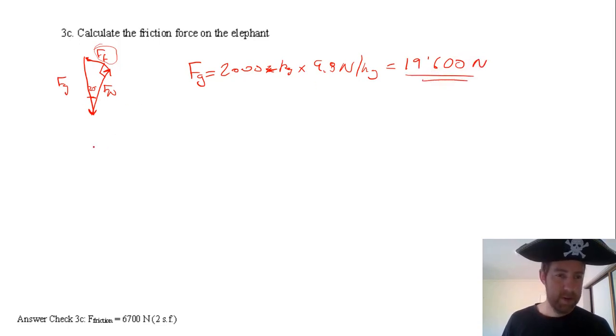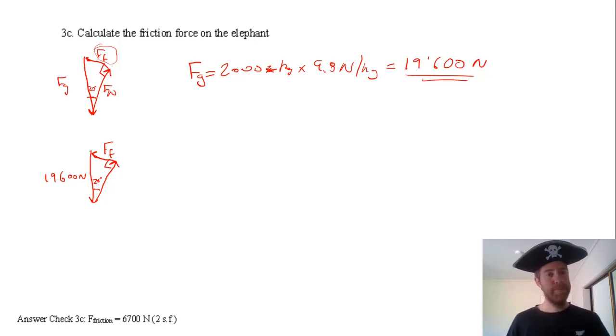So that's what that is. So I'm going to redraw my triangle with the things I care about, so it's just less cluttered. Here's my 90. I need to find friction. I now know that this side of my triangle is this big. I know this is 20 degrees. I'm not going to worry about the other side because I don't really care about it at the moment. That's meant to be a 0. It just didn't look like it.